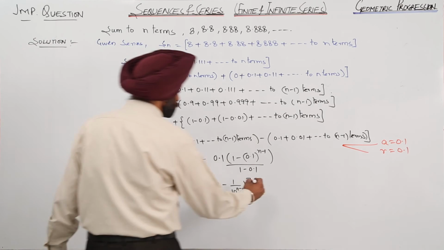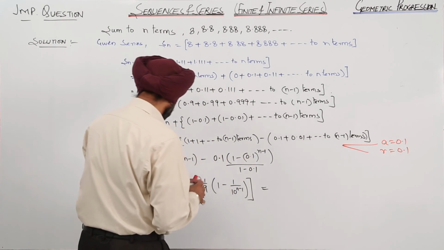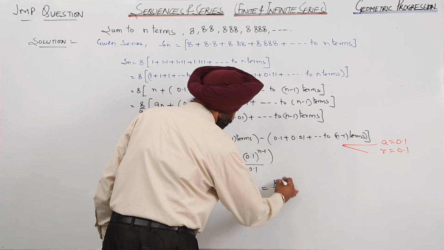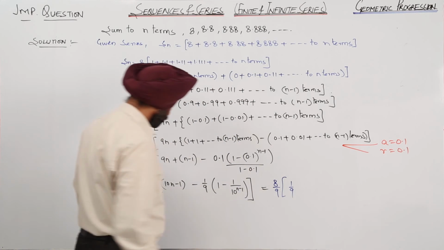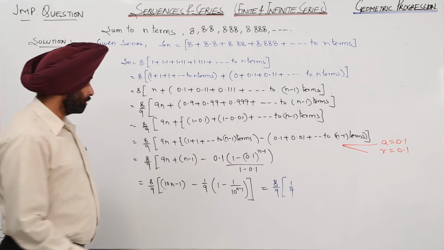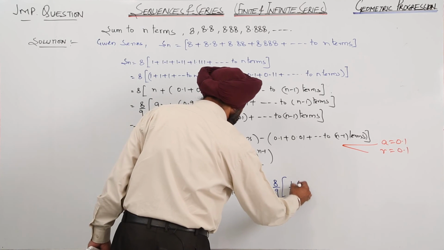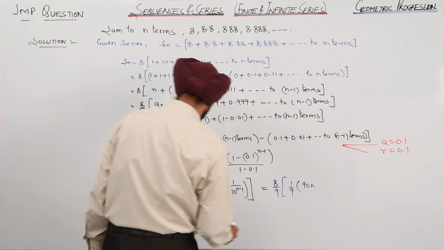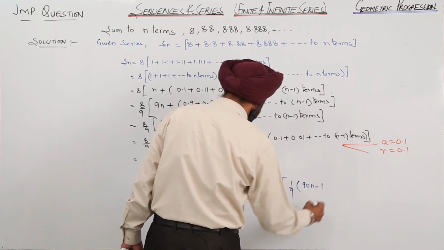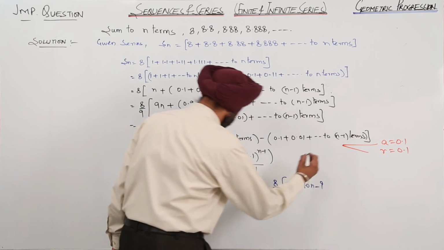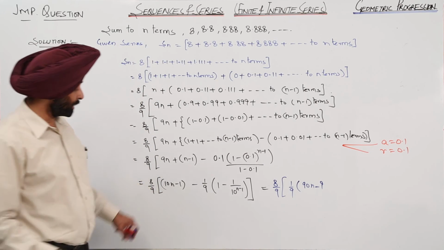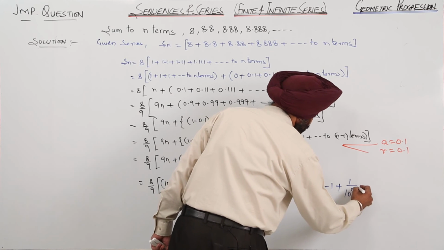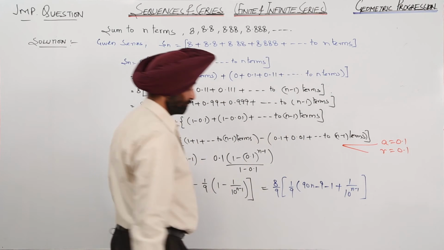Now to this we can write it as 8/9 times 1/9. Now I am taking the LCM here. 1/9 with (90n − 9 − 1 + (1/10) raised to power n minus 1).